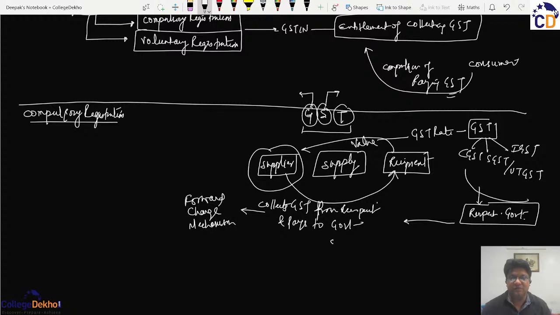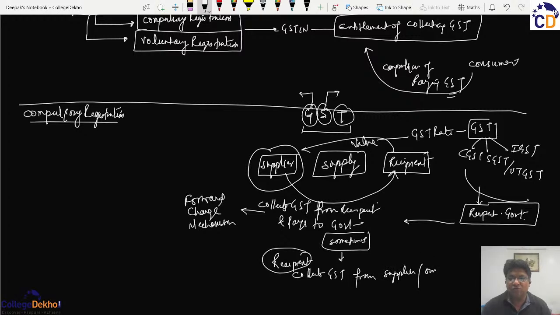But sometimes it happens in a reverse way. For example, when you are importing the goods, sometimes the recipient, not the supplier, but the recipient of the services, collects the GST from the supplier or from his own pocket, that doesn't make a difference to us, and pays to the government.